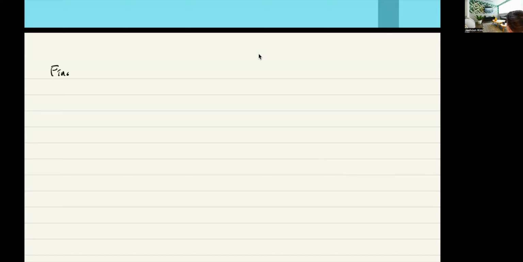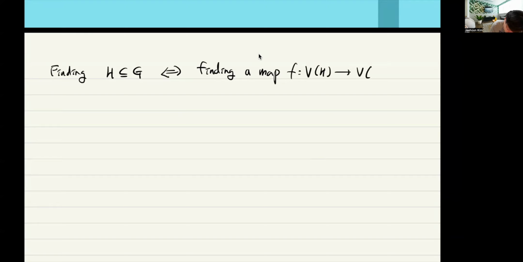Finding H in G as a subgraph is the same as finding a map, say F, which maps the vertices of H to vertices of G, such that what? All the edges are mapped to edges.